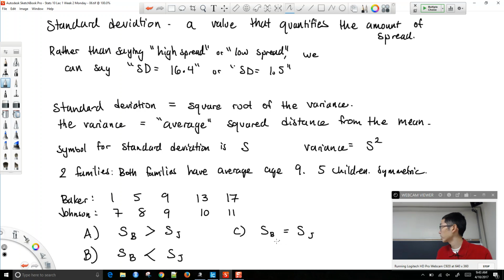So your choices are A, B, and C. I think this is pretty easy. The question is, which family has more spread in the ages? Do the kids in the Baker family have more spread, or do the kids in the Johnson family have more spread in ages?